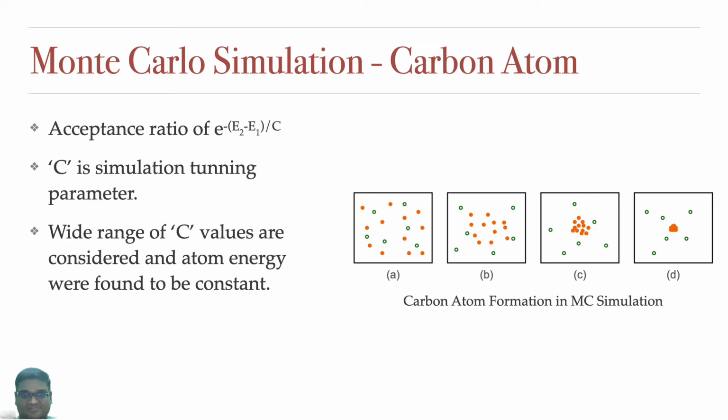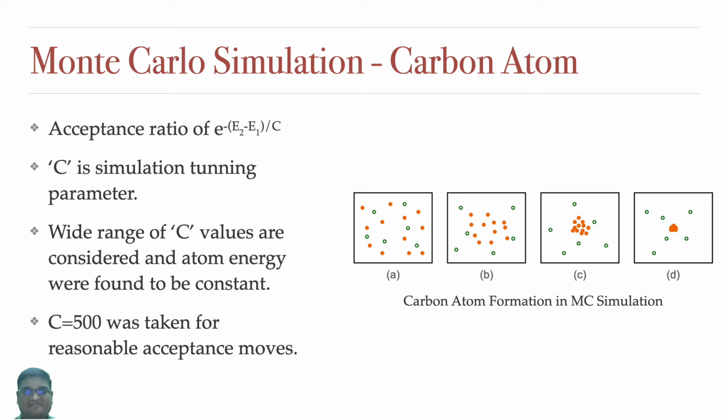To have a reasonable acceptance criterion for each trial move, the value of 500 was chosen to have nice samples of trial moves.